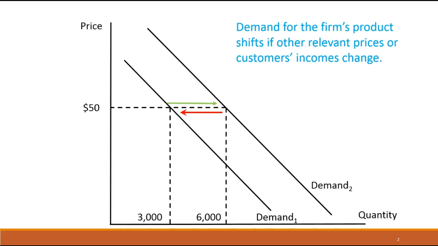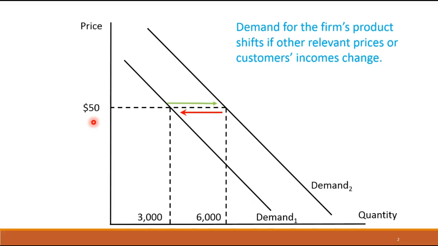So the idea here would be, for example, if the price of some substitute good goes down, then that's going to decrease the demand for our product at any particular price.